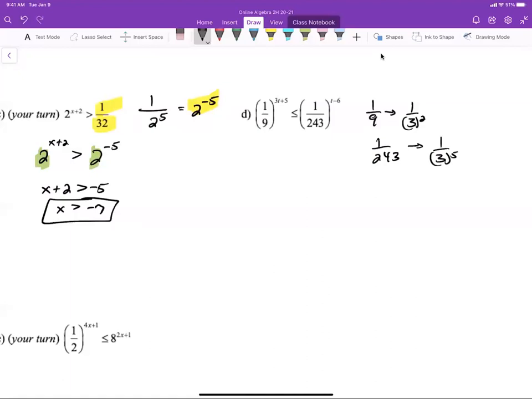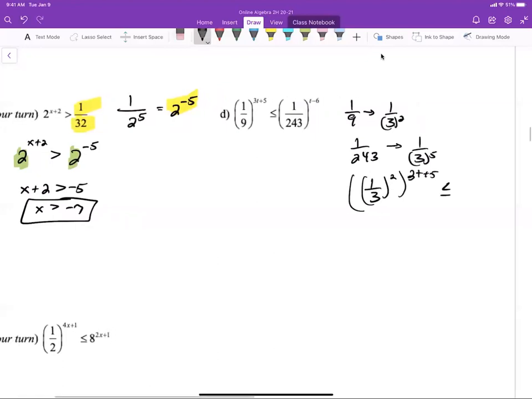Now, I could solve this, and I'd have 1 third squared, and I would take that to the 3t plus 5 power, and then I could set that less than or equal to 1 over 3 to the 5th power and take that to the t minus 6.